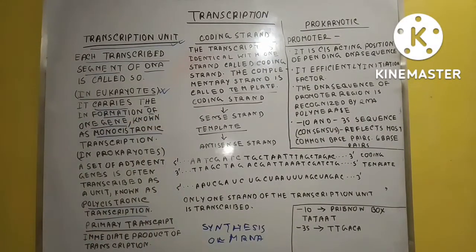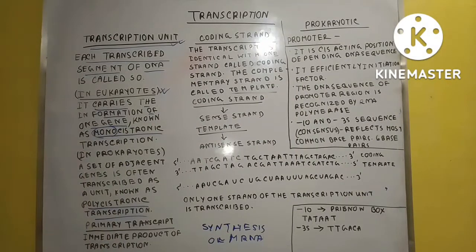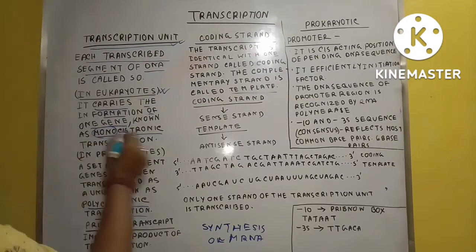That means here the information of one gene is carried in this transcription process. So that's why it is called mono. Only one gene's information is carried. That's why it is called the monocistronic.